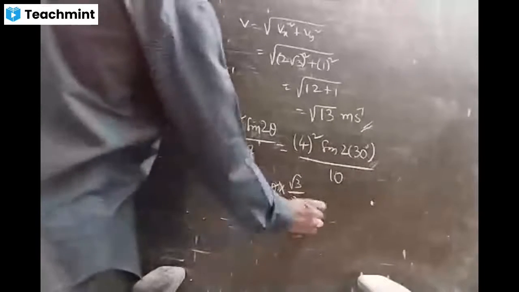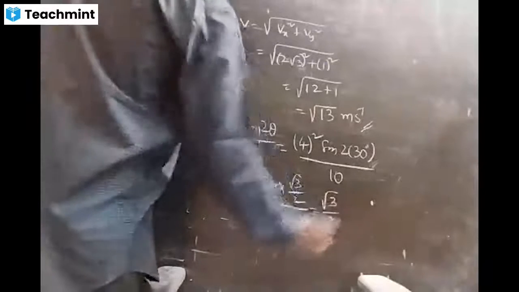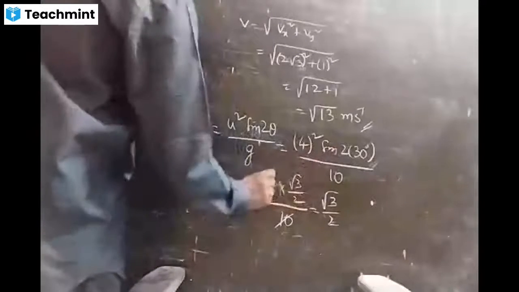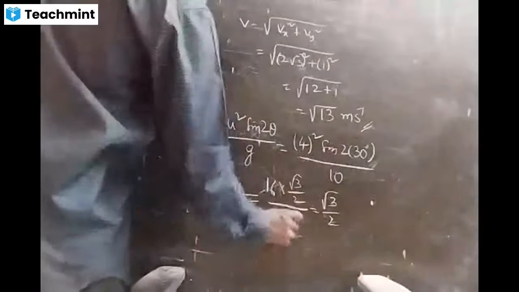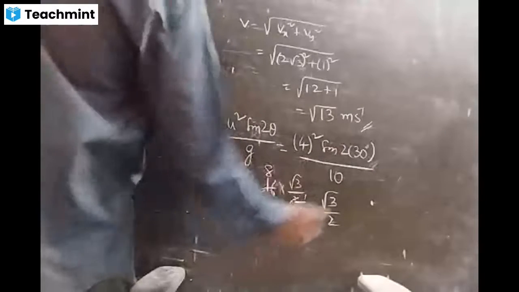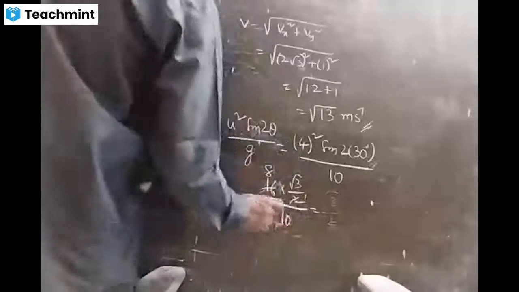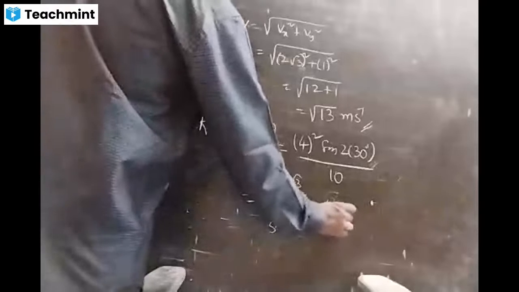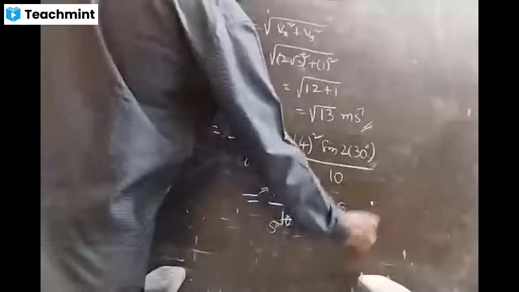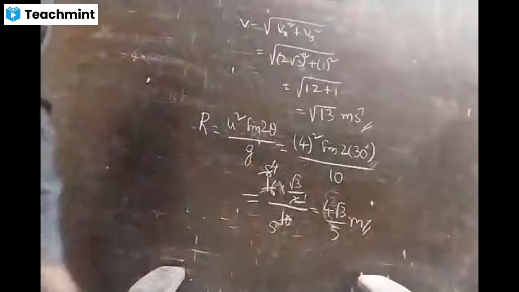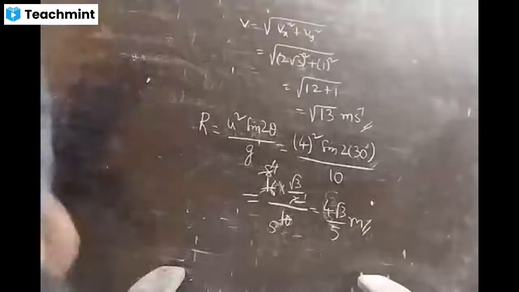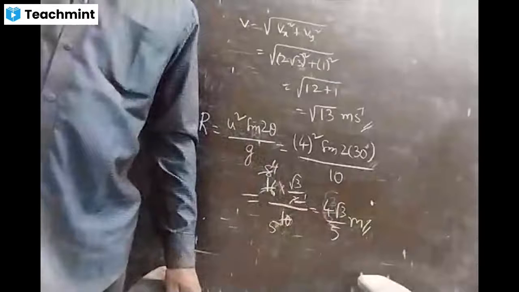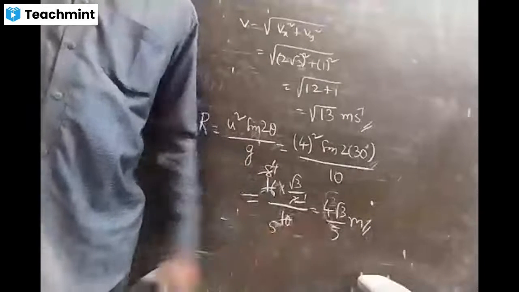So 16 times root 3 by 2 by 10 gives 8 root 3 by 10, which comes out to be 4 root 3 by 5 meter, or 0.8 root 3 meter. You can leave it like this.